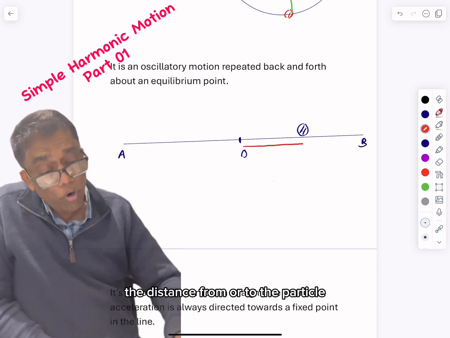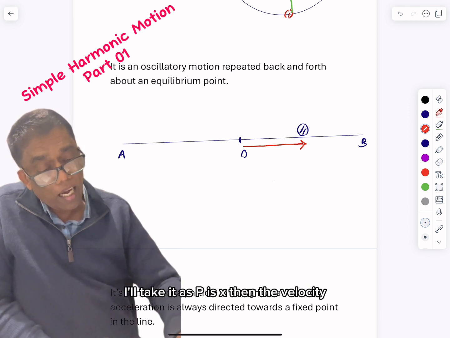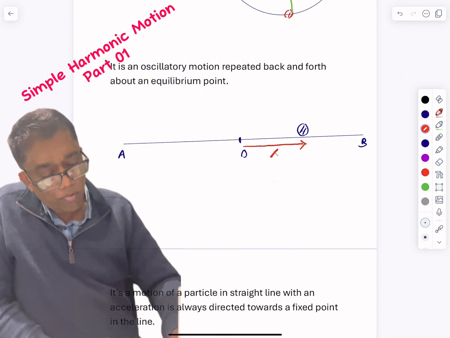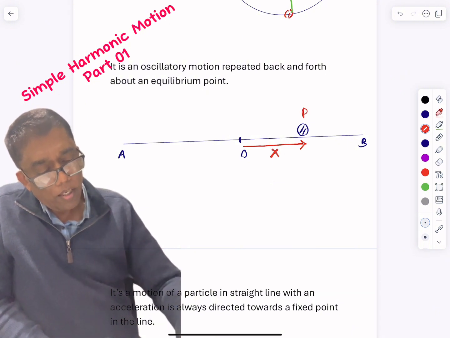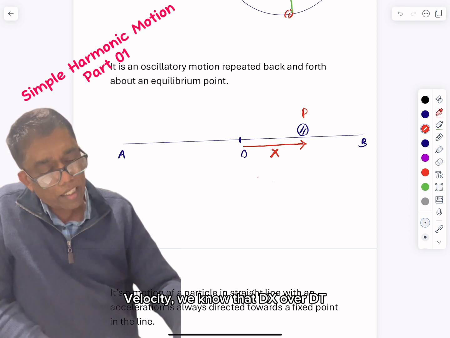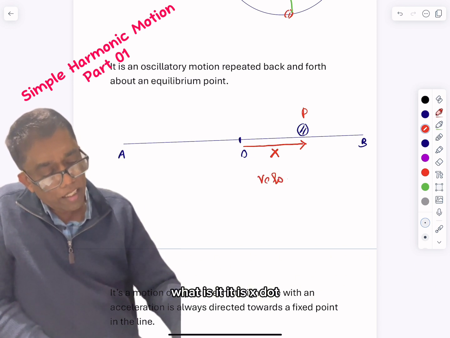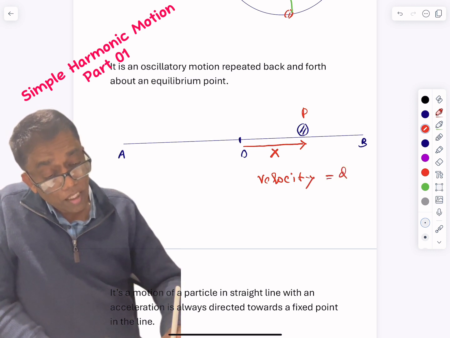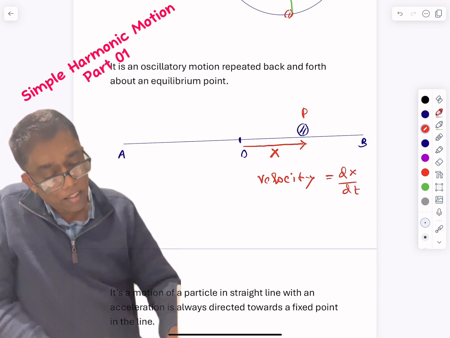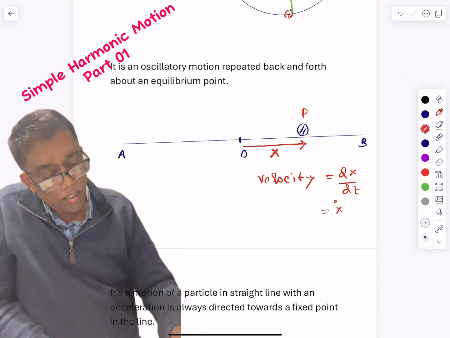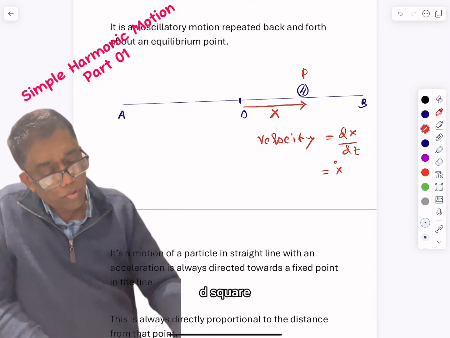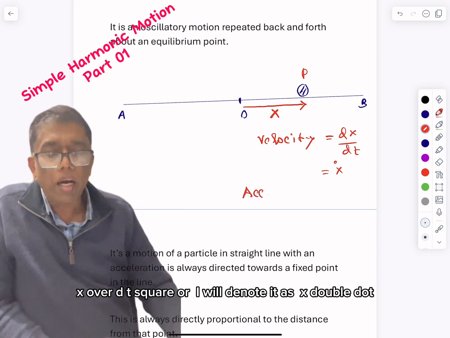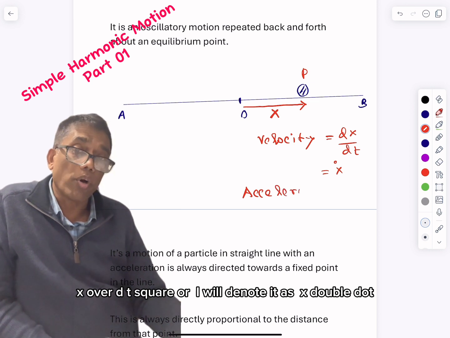The distance from O to the particle, which I'll call P, is x. Then the velocity: we know that it is dx over dt, which is x dot. Similarly, the acceleration is d square x over dt square, which I'll denote as x double dot.